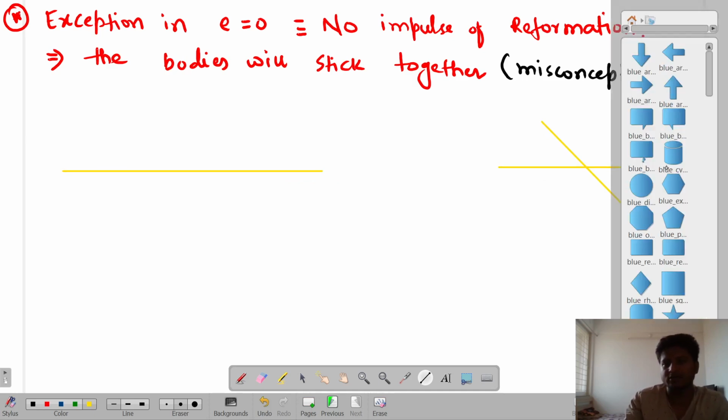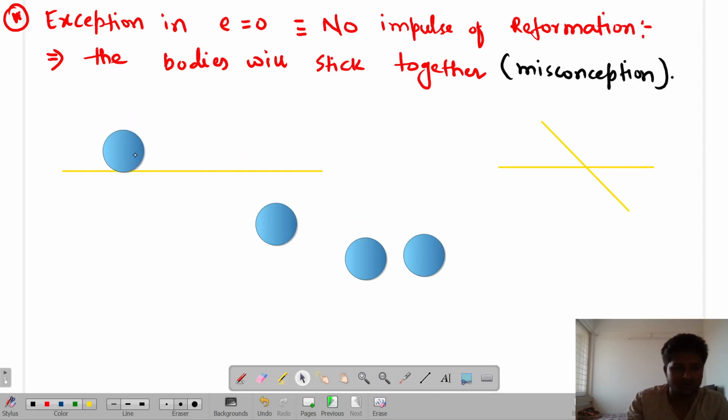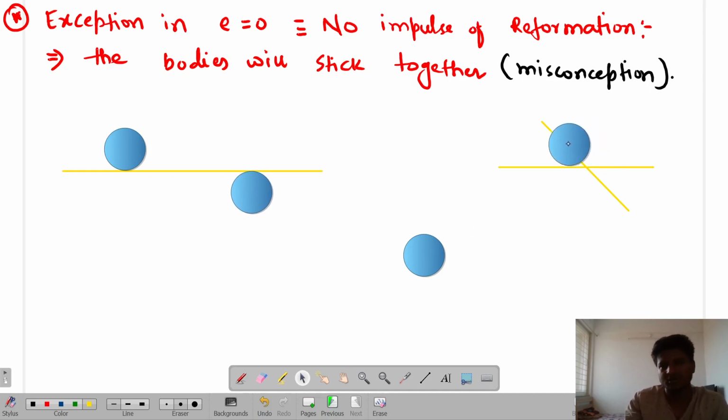I'm drawing the diagrams beforehand only. Okay. So let's suppose one ball was moving in forward direction and one ball was at rest over here. Right or not? When they collided, what will happen?